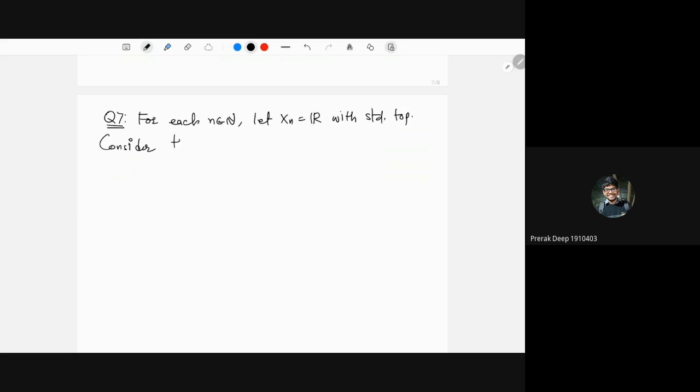We consider the infinite Cartesian product R^ω, the product of X_n with the box topology.